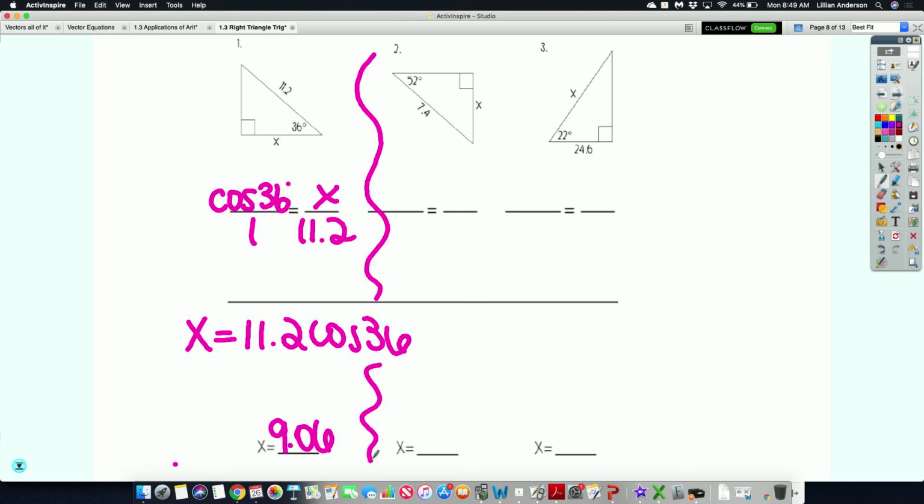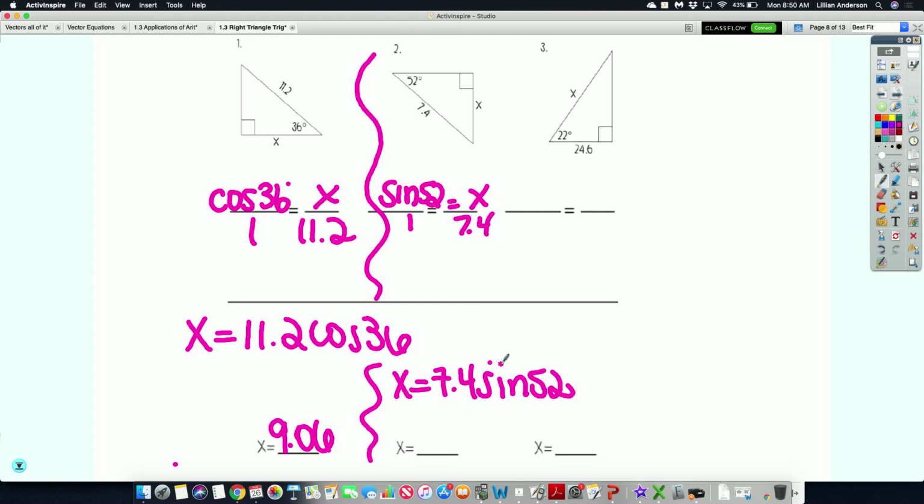We said the trig function was going to be what? Sine. So we'll have sine of our angle, which was 52. That is going to equal opposite over hypotenuse. What's my opposite? And my hypotenuse is 7.4. If I put a 1 underneath, then all I have to do is cross multiply. This will give me x equals 7.4 sine 52.